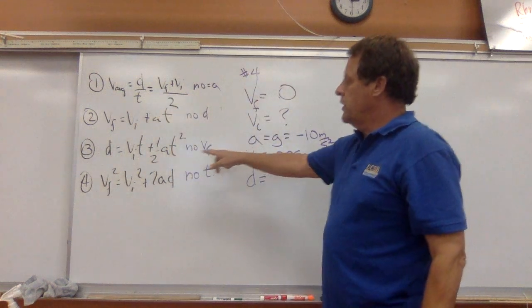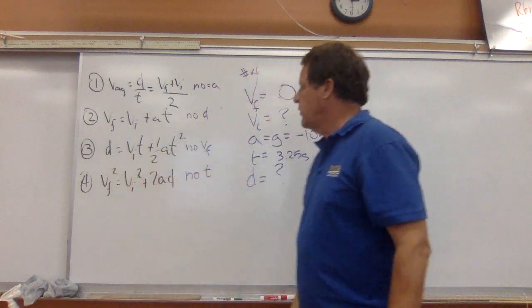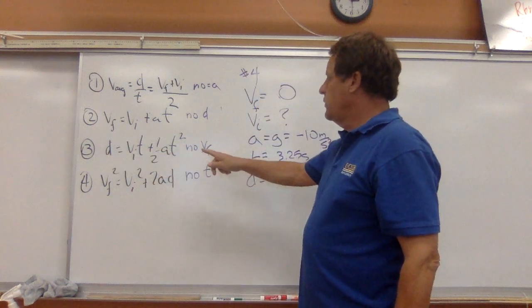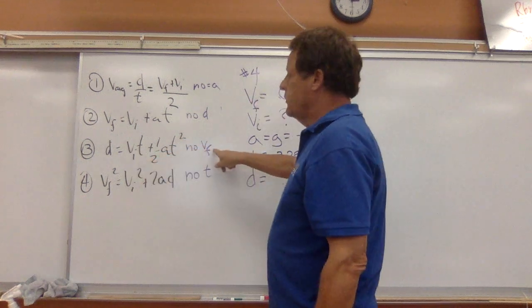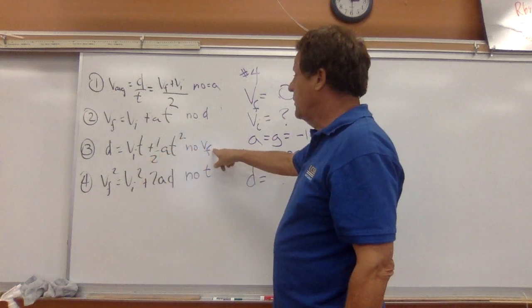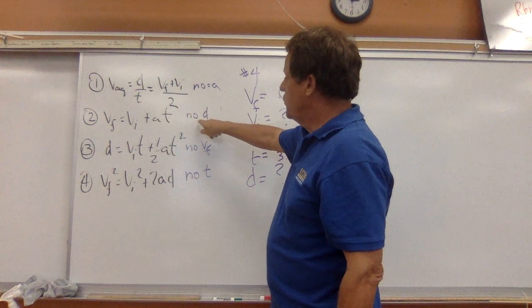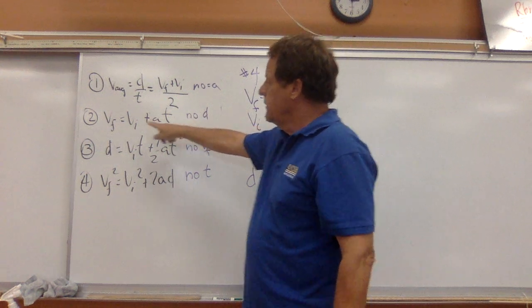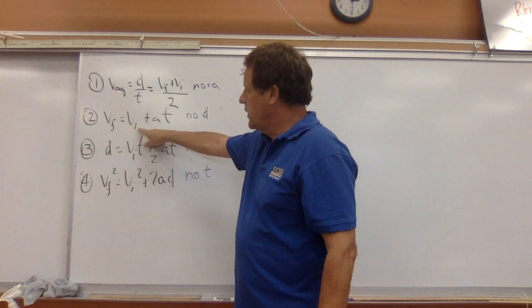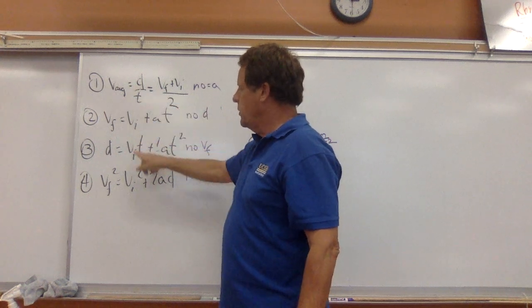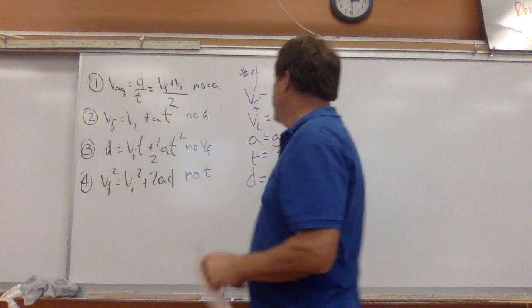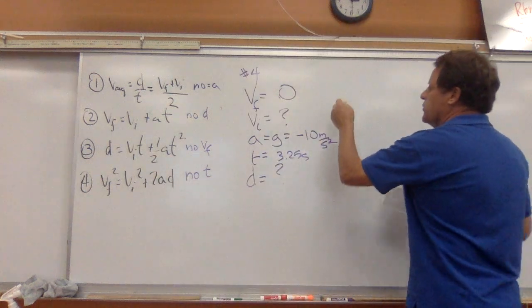And here is distance in problem number 3, but we don't know the initial velocity, so we can't do that one directly. So what we're going to do is solve for the initial velocity, and then we could either go up to here or go down to here to solve that. So we're going to go to equation number 2.